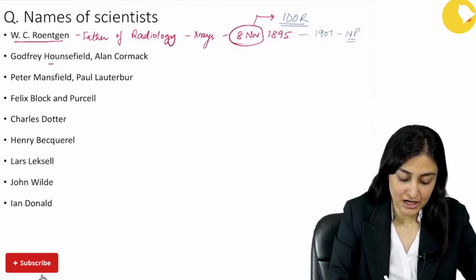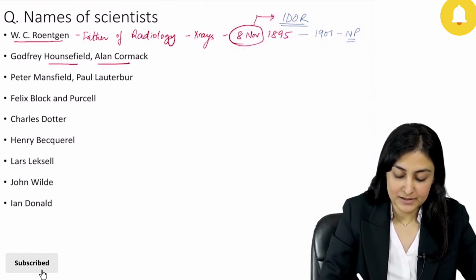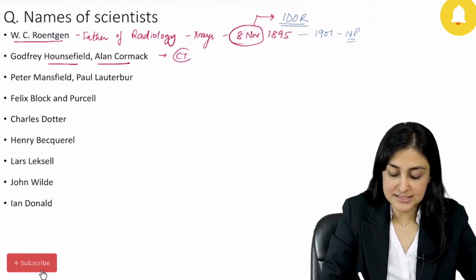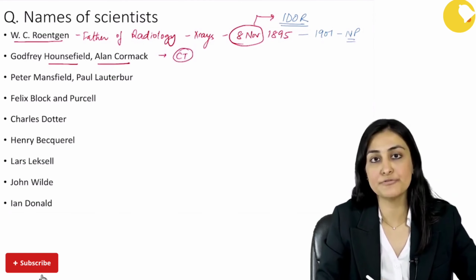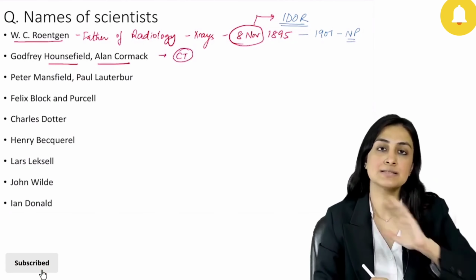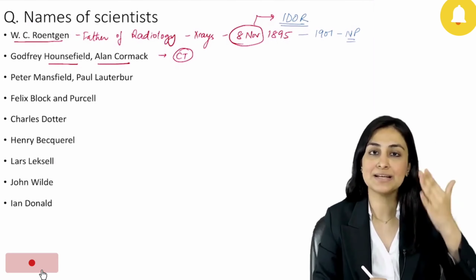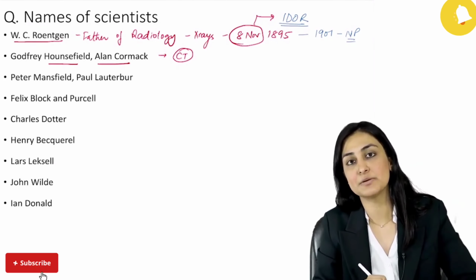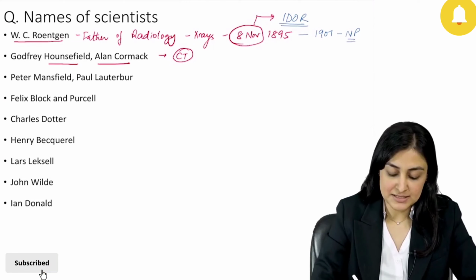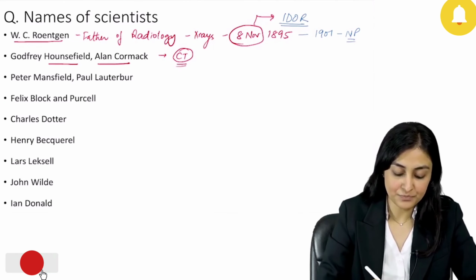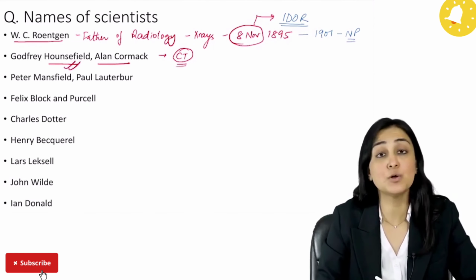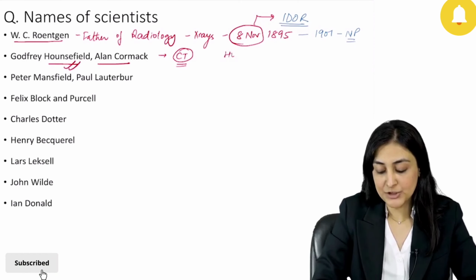Moving on, Godfrey Hounsfield, Alan Cormack. These are the people who discovered the CT scanner, the computed tomography scanner, which uses X-ray in a 3D manner to take these cross-sectional multiplanar images, right? So this is the CT scanner, computed tomography, and based on Hounsfield's name, we also have the Hounsfield unit, right?